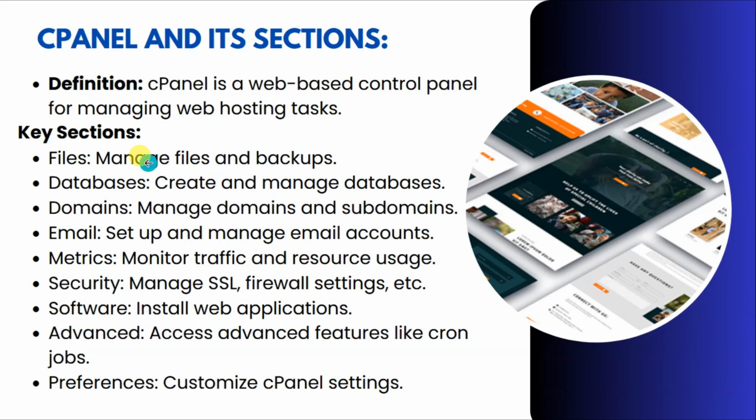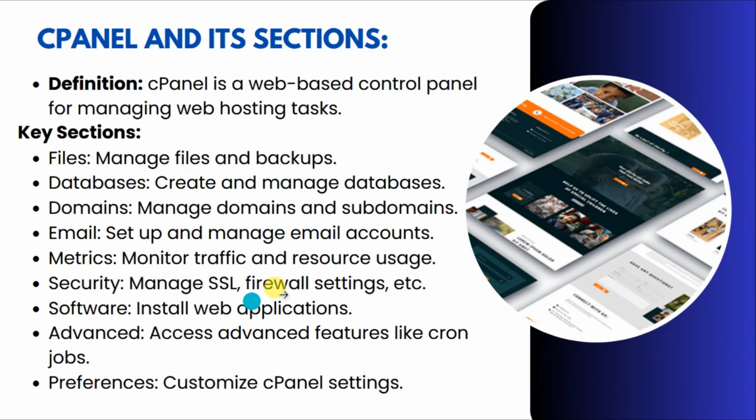Okay, now the key sections of cPanel. We have Files, where you manage all your files and backups. We have Databases, to create and manage databases. Domains, to manage domains and subdomains. Email, to set up and manage email accounts. Metrics, to monitor traffic and resource usage.